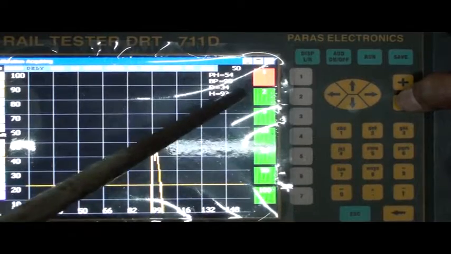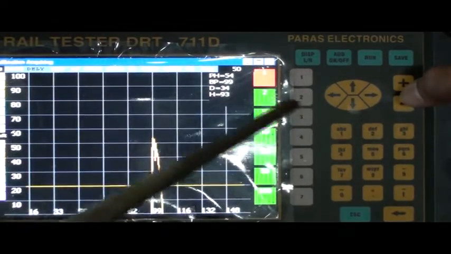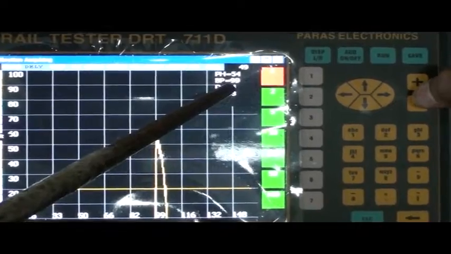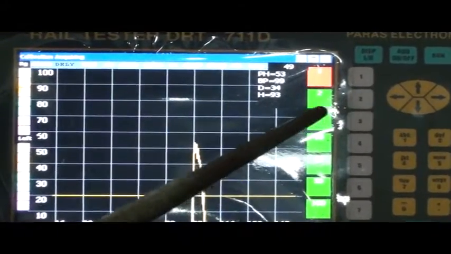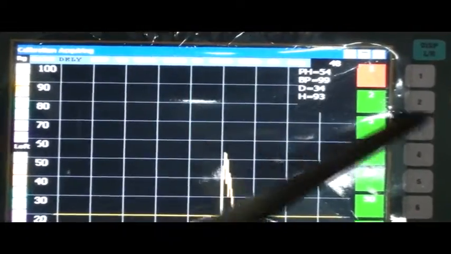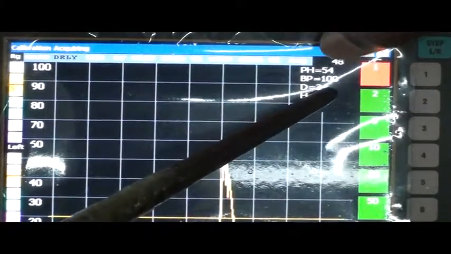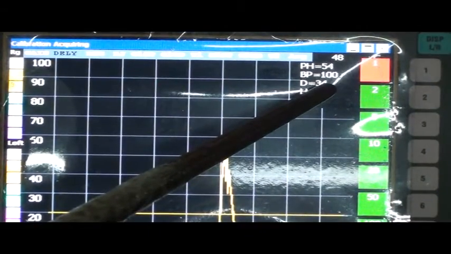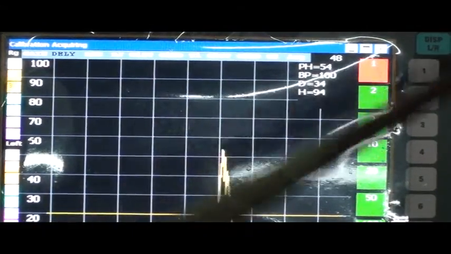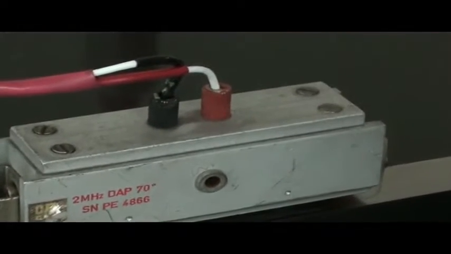Now it is 99, we have to make it 100. Now it has become 100. So the calibration for this 70 degree center forward is completed.